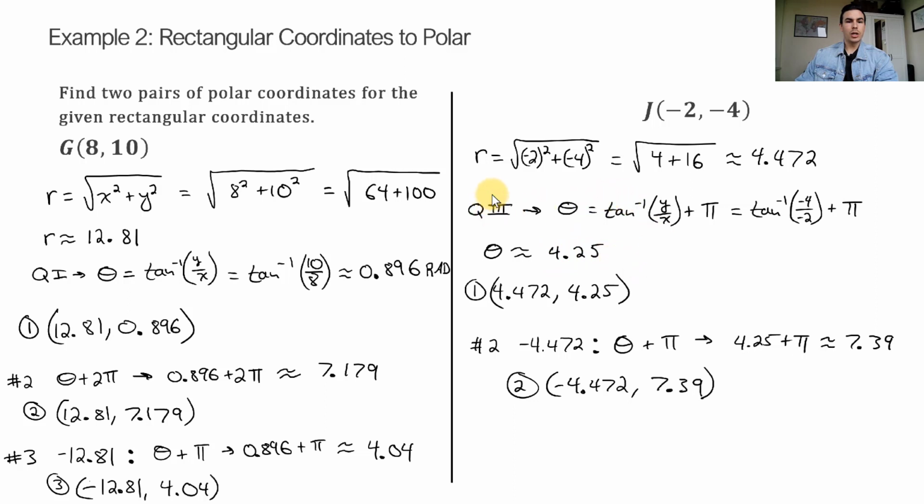Again, we were in quadrant 3 to start off with, so we had to add pi to that. We add pi, we get 4.25, and then for my second point, I just added pi again, and that gave me 7.39 for my other point, but then I flipped my sign for my r value.